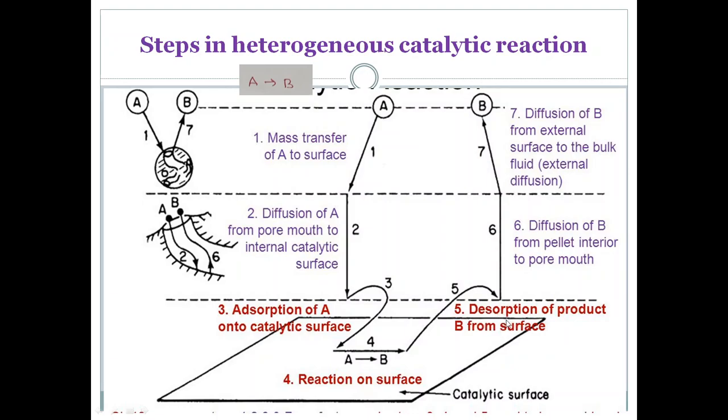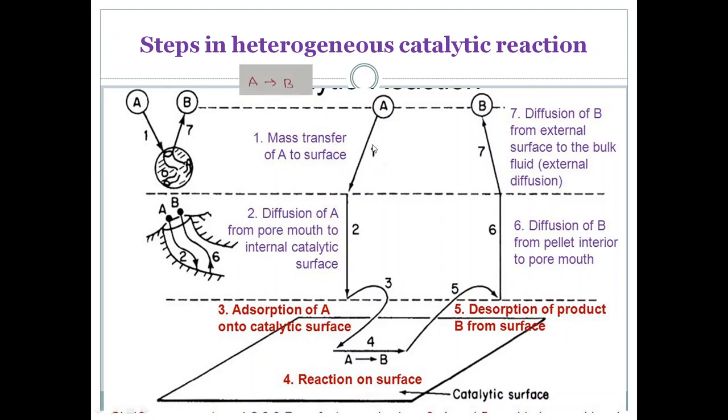B will desorb from the surface. Right? Then after desorption, that is step 5, it will come out to the surface of the catalyst through internal diffusion. That is also internal, but it is coming out. When it reaches the catalyst surface, then it will be the external diffusion.